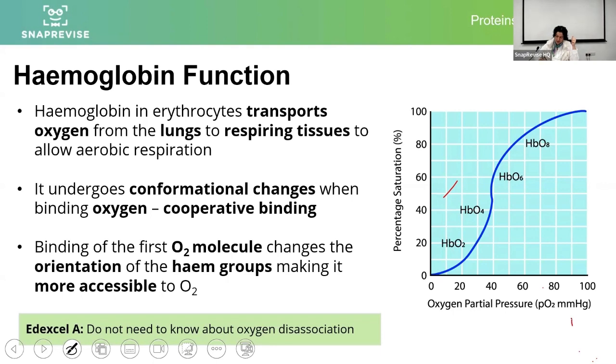So at these middle partial pressures, in this steep range of my curve, the second and third oxygen are binding quite efficiently. And at high partial pressures of oxygen, in that final bit of my curve, my hemoglobin is actually going to get completely saturated with oxygen.